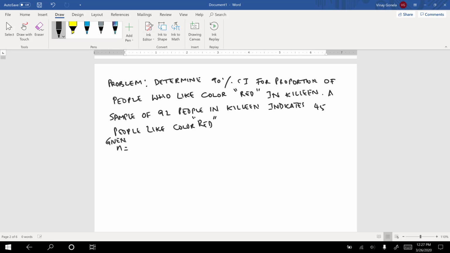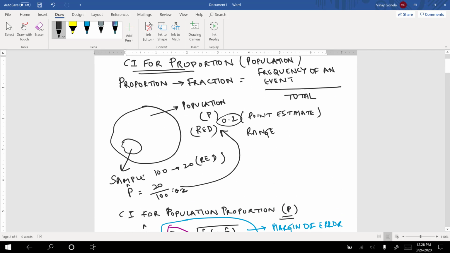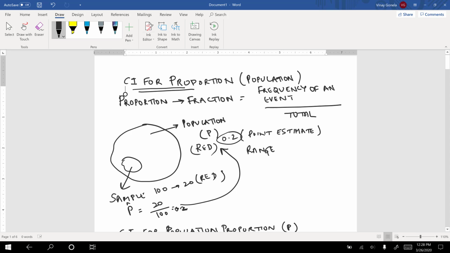Our sample size is 92, and x, which is the number of events, is given by 45. If you see the formula I discussed, frequency of an event can also be said as proportion.